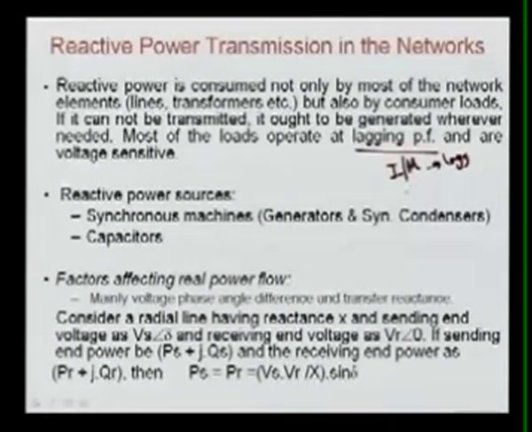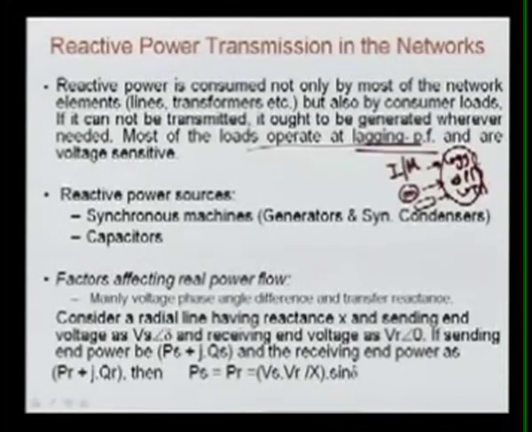We are having some bulbs here, and these bulbs are basically purely resistive, so there is almost a unity power factor. We have tube lights, and these tube lights again work at a lagging power factor. So most of the loads except synchronous motors have a lagging power factor, and are very sensitive to the load.